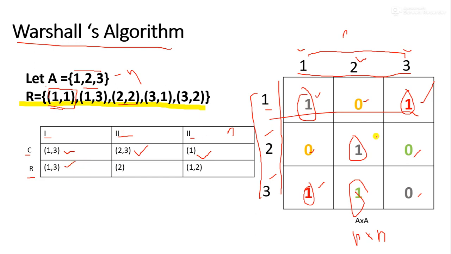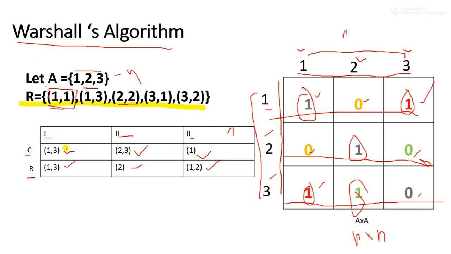In our second row we have 1 only on 2, so we write 2 here. Now we are checking this row. We have 1 on 1 and 2, so we write 1 and 2. So this is how we fill our table.